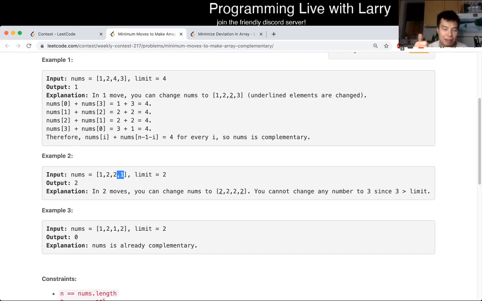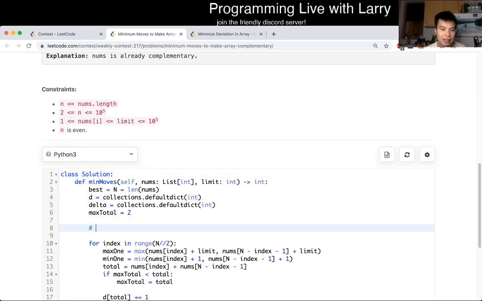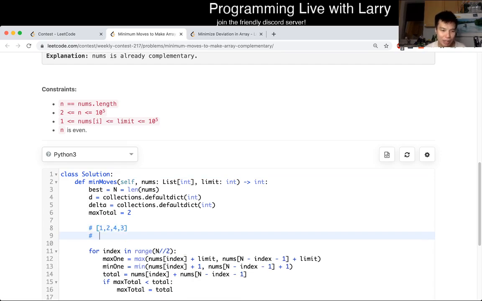So given a certain sum, let's say we're trying a number for a certain sum, and we have 1, 2, 4, 3 for some reason. So the pairing is actually 1 and 3 and 2 and 4 if you want to think of it that way instead. And then now we have a limit of from 1 to limit, right? We can change each number from 1 to limit.